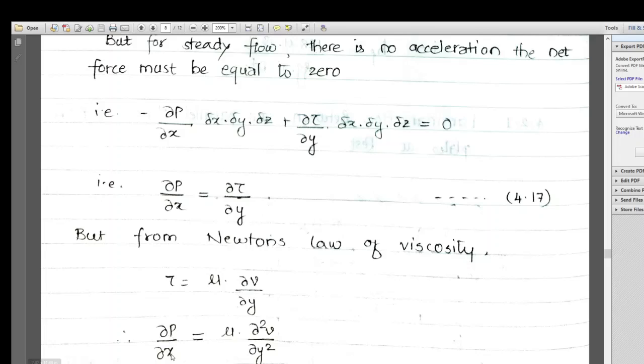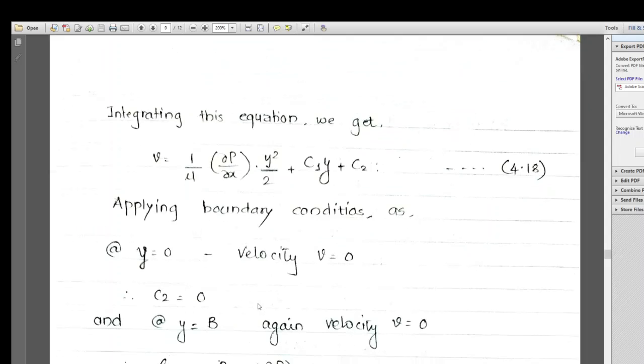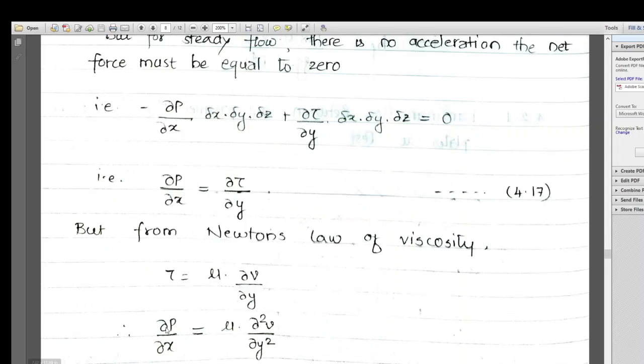Now we know the tau expression is differentiated with respect to y, so delta tau by delta y will be mu into delta square v by delta y square. So we will get delta p by delta x is equal to mu into delta square v by delta y square.